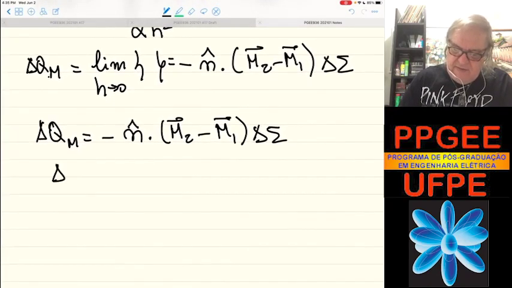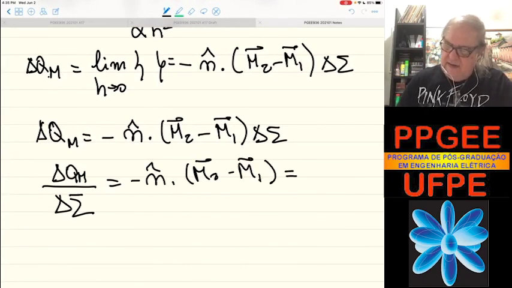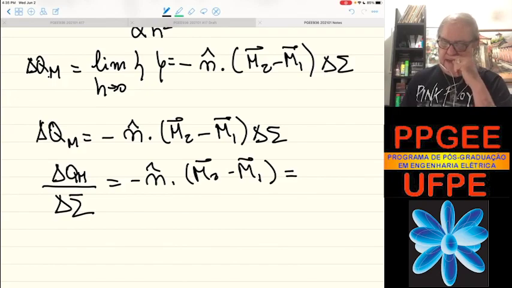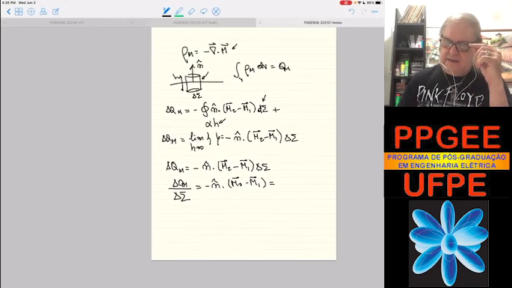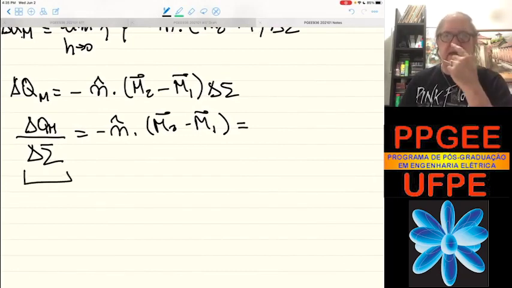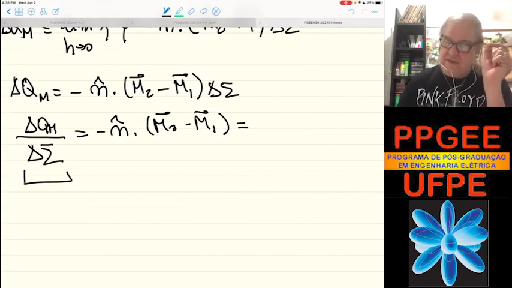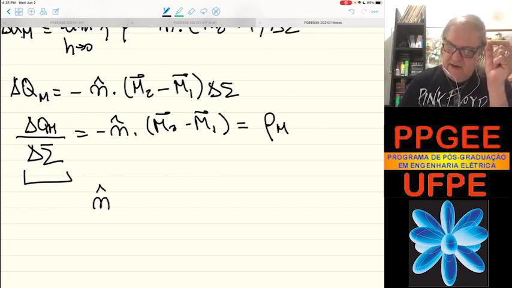I have here delta Q magnetic divided by delta sigma equals minus n dot (M2 minus M1). Yes, this is right. So this is the surface charge density, the magnetic surface charge density on the surface, the fictitious one. So that's the boundary condition for M.